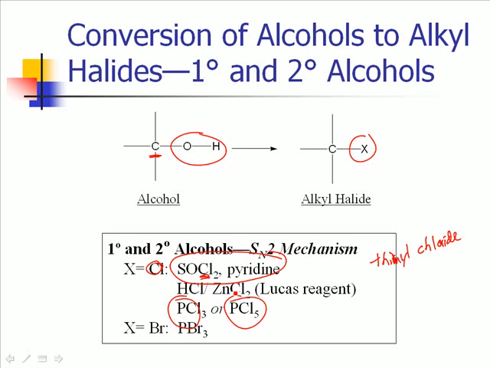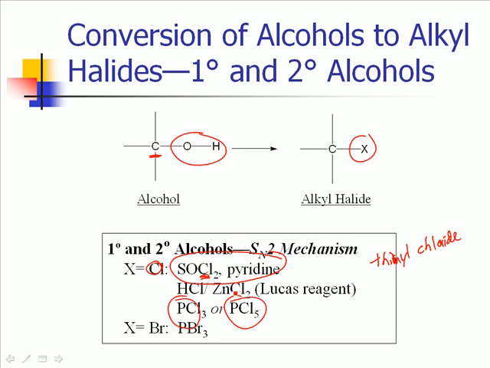Now, the full mechanisms of these reactions are outside of the scope of the class, but these are great ways of converting alcohols into alkyl halides so that now we can use the alkyl halides as substrates in an SN2 mechanism. The alcohol that we started with was a poor substrate for an SN2 reaction, but the alkyl halide products that we have are excellent substrates for an SN2 reaction.